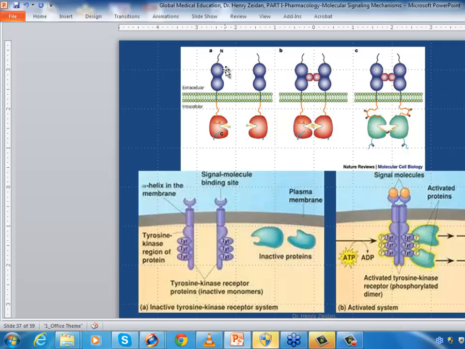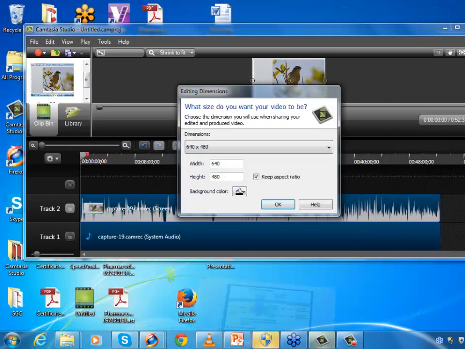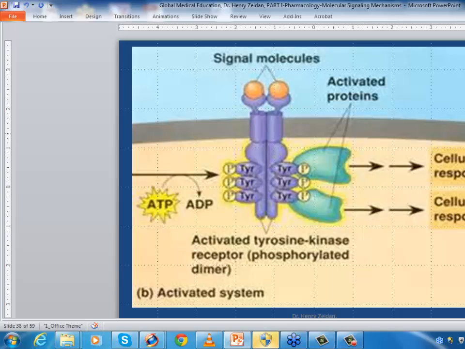So this is nicely addressed here, 2 alpha and 2 beta, and when it binds, you tend to cause a conformational change, and you tend to phosphorylate the remaining domain intracellularly, and as a result of that, you activate this cascade of phosphorylation reactions.